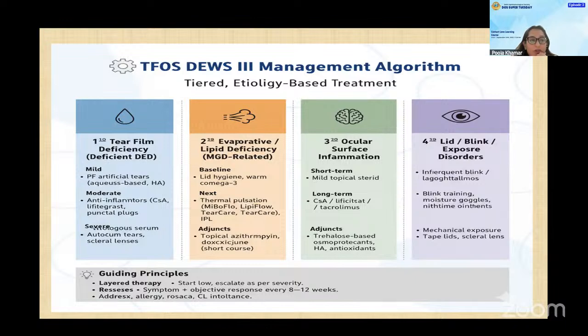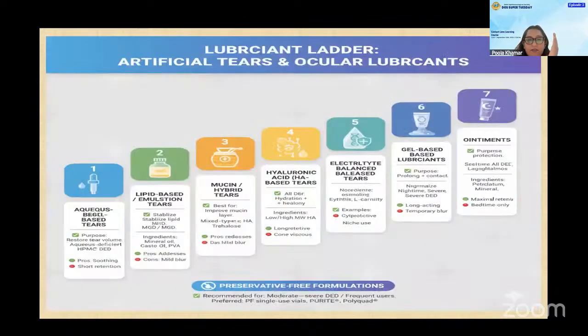But if it's moderate or severe, then you start anti-inflammatories like cyclosporine or lifitegrast. It also tells you the therapy for evaporative dry eye, ocular surface inflammation, and lid or blink exposure related disorders, based on the mild, moderate, and severe stage. But the emphasis here again is start low, escalate as per the severity.